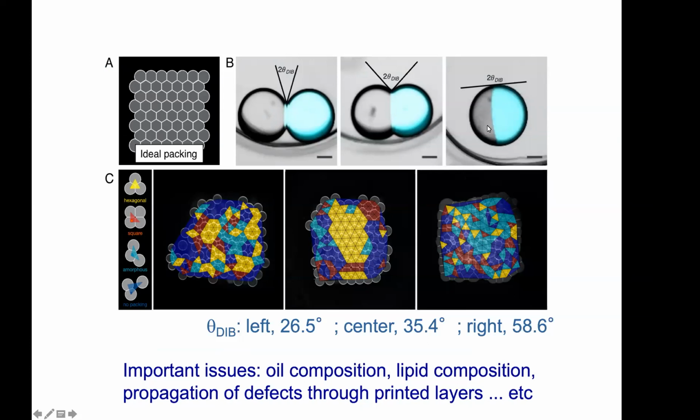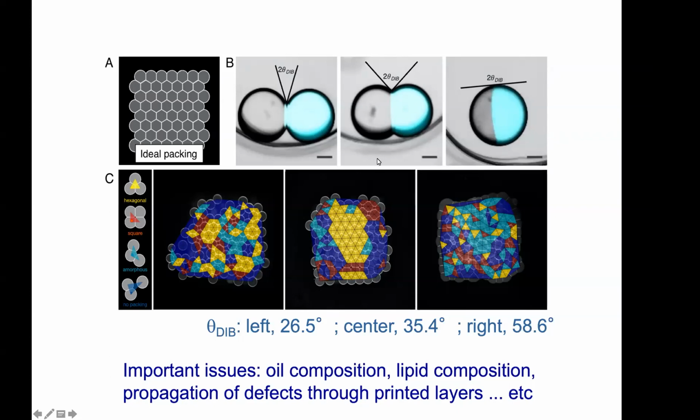When the contact angle is very large, again, you get disordered structures because of each droplet pulling on its neighboring droplet. And it turns out that there is a sort of sweet spot, a contact angle that's about 35 degrees that allows you to print with much greater fidelity.